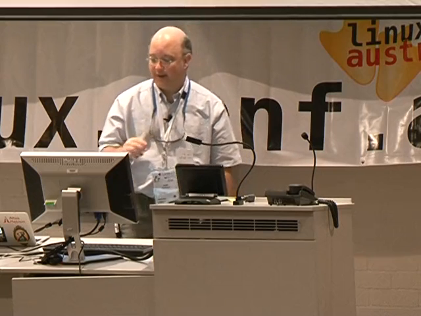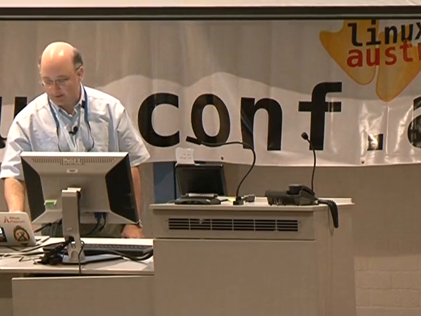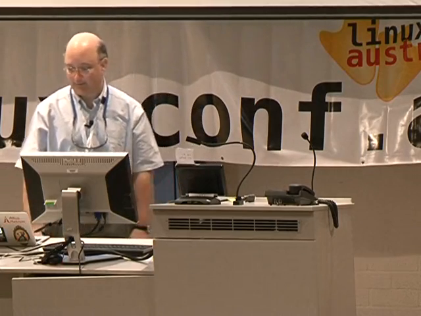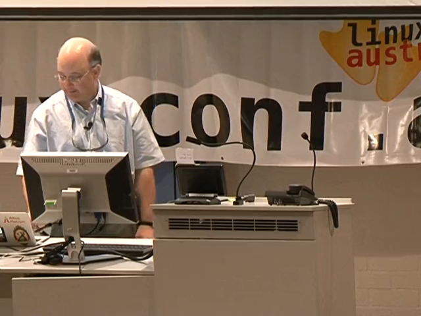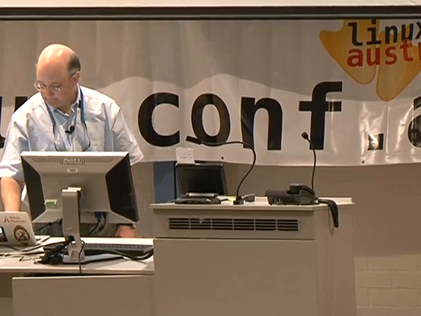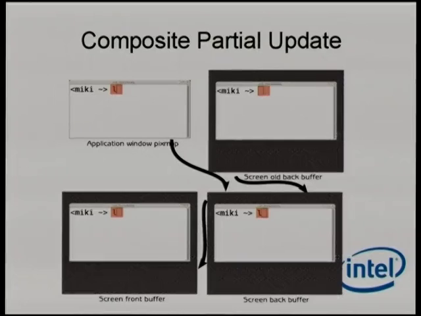So we paint the entire new back buffer and flip it to the front buffer. A pretty simple operation, but you can see I've made our enemy very happy, the capacitors. I flipped a lot of capacitors around to make that happen. And in composite partial update, say the old back buffer didn't have the L there, the little pink rectangles showing where the update's happening. So it had the outline cursor, and it had a blank space there.